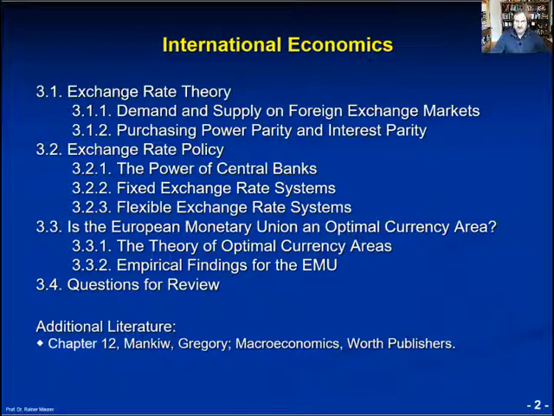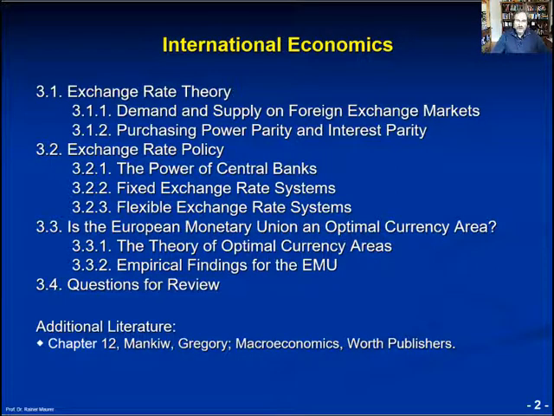Before we start, let me give you an overview of this chapter. We will first discuss two theories which explain what factors determine the exchange rate between the currencies of two countries. One theory is called the purchasing power parity, the other theory is called the interest parity theory.